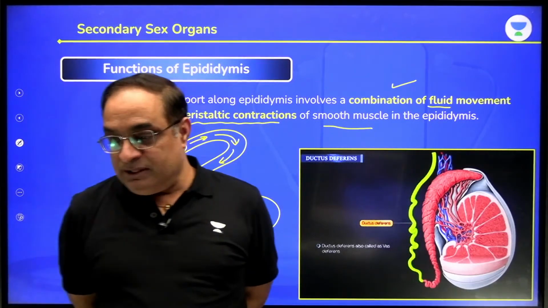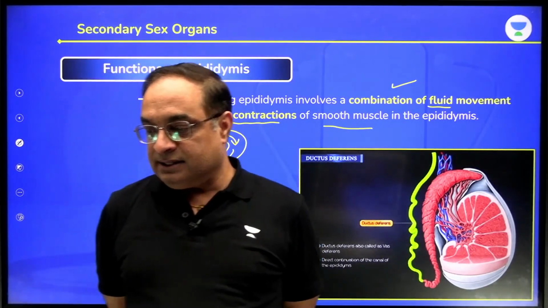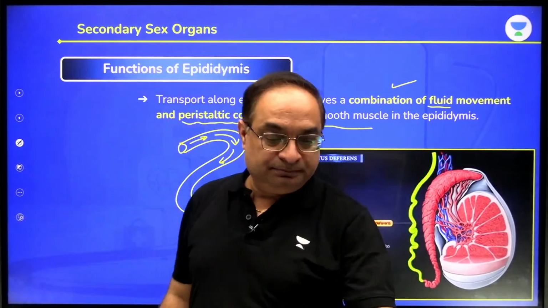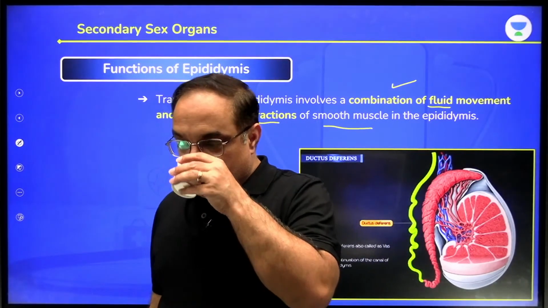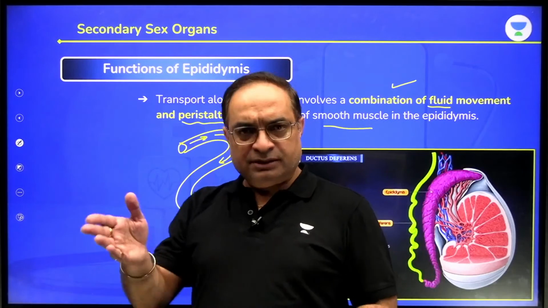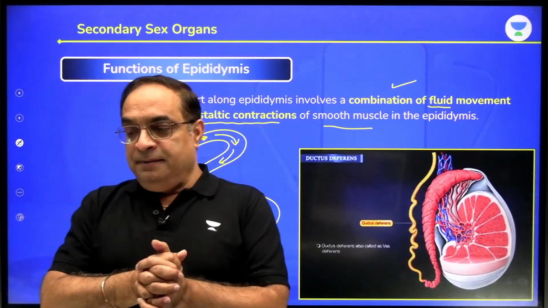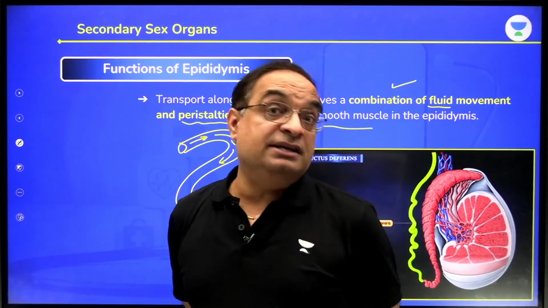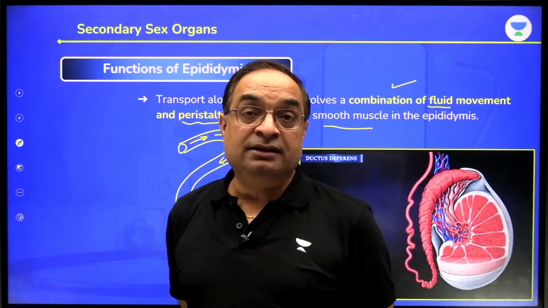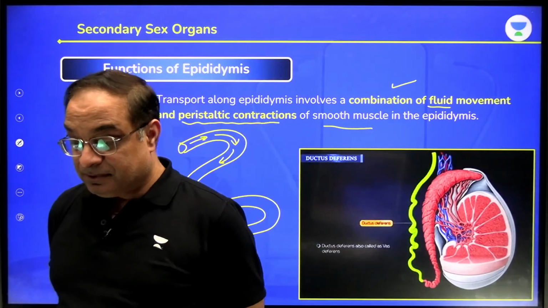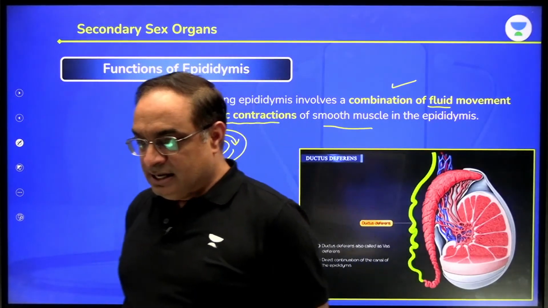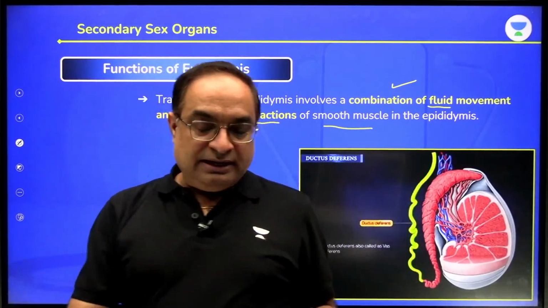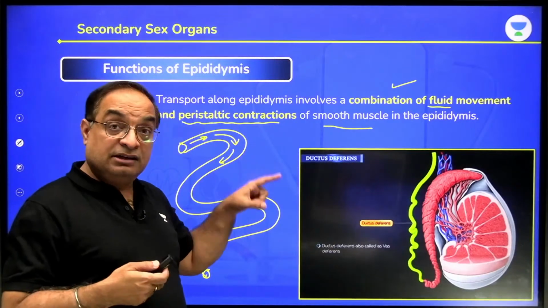Answer me quickly. Where have you studied about peristalsis? I am looking at the chat box. In the urinary bladder, ureters, there is peristalsis. In the intestine there is peristalsis. Ureters, intestine, fallopian tube also have peristalsis. Clear, very good. Alimentary canal, Akshit is right. Absolutely right answer. So peristalsis is there in the alimentary canal, and remember that peristalsis occurs in the epididymis also.